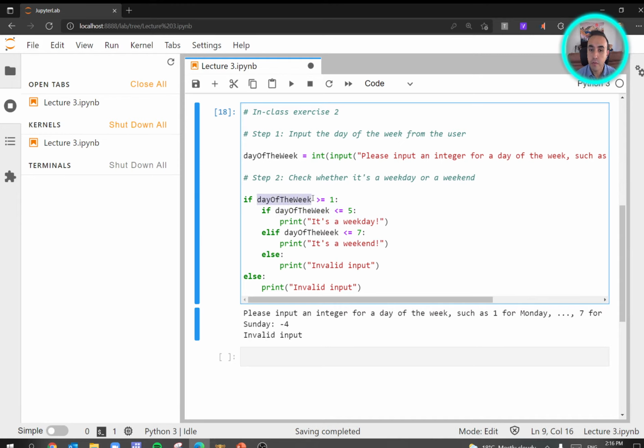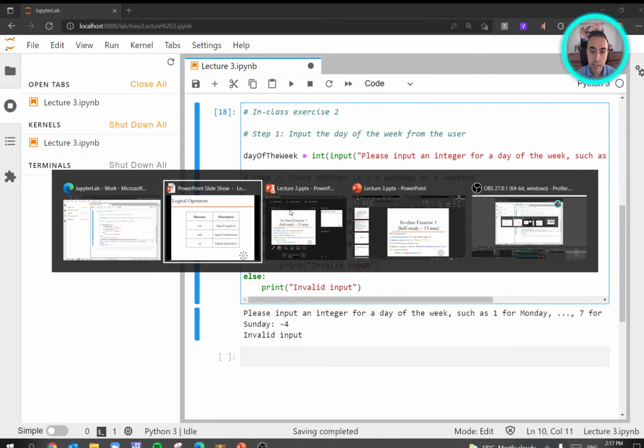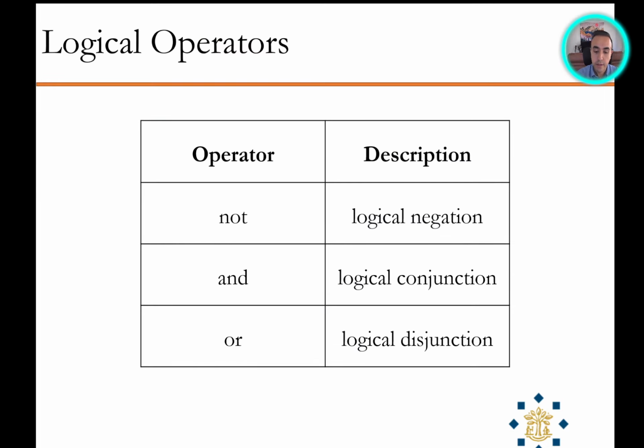If it is greater than or equal to 1, and also less than or equal to 5, then it is in between. If I have a way of saying that, I could have merged them. So here it is. We can actually use AND to combine the two.